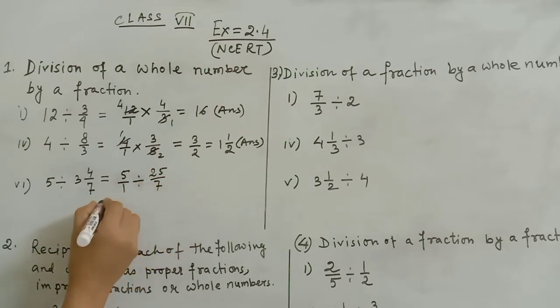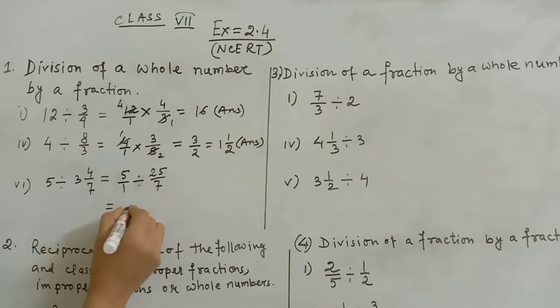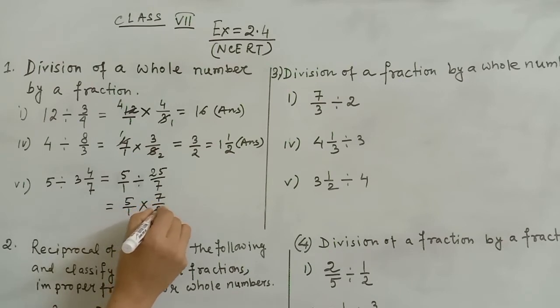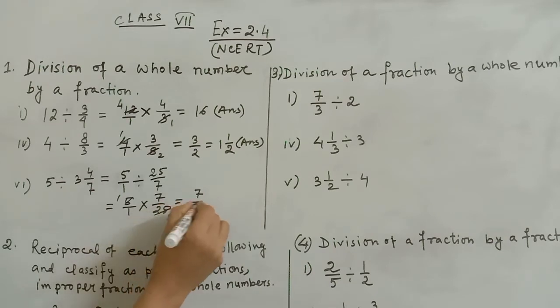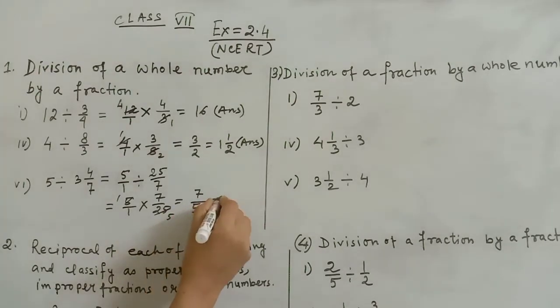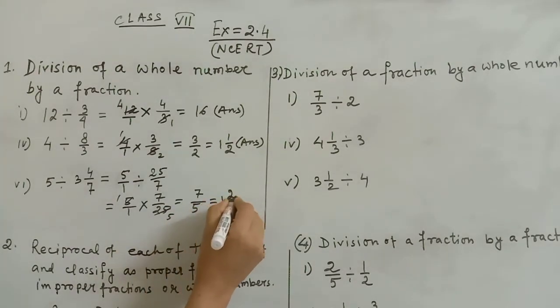Then you convert it into reciprocal, 5 by 1 into 7 by 25. Now cancel, 5 1s are 5, 5 5s are 25. So the result is 7 by 5. If you want to convert it into a mixed fraction, 5 1s are 5, so 2 will be the remainder and 5.